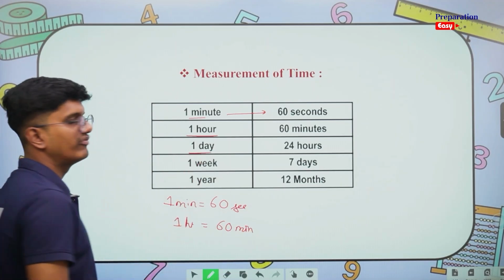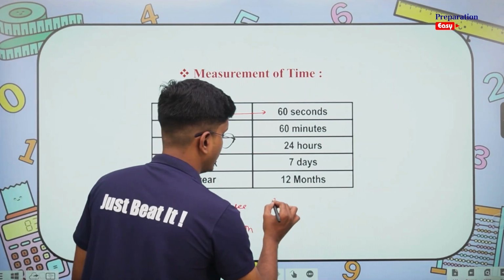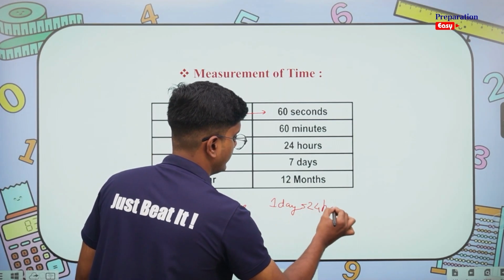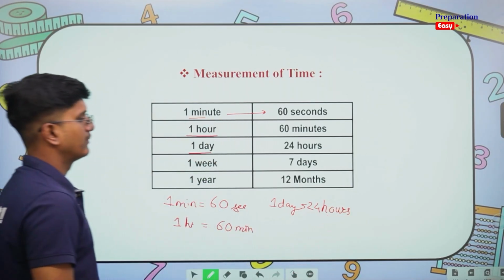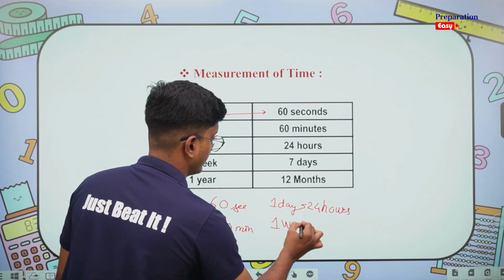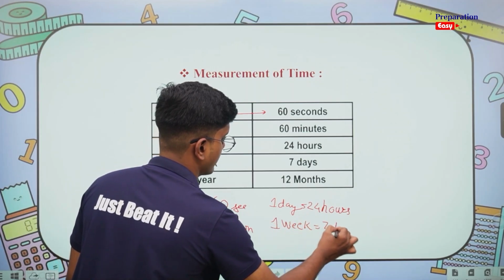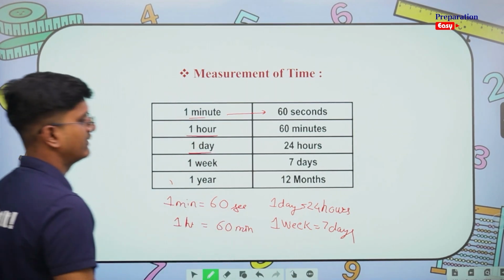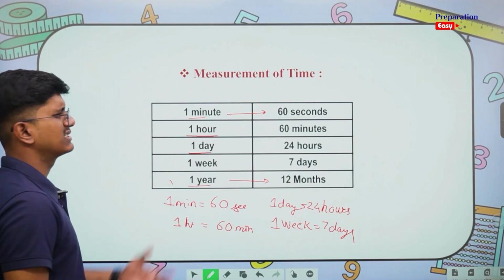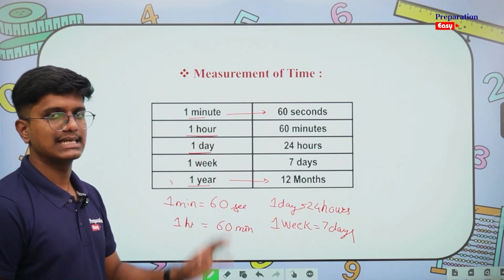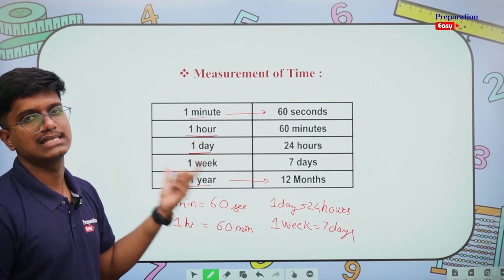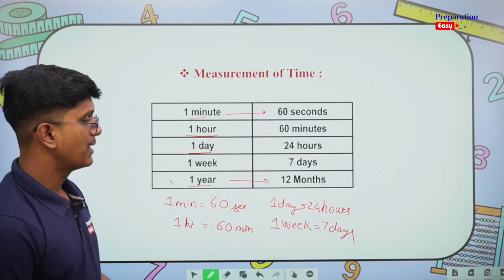Whole 1 day has how many hours? 1 day has 24 hours, right? Now we have 1 week. In 1 week we have 7 days, and in 1 year we have 12 months. So this is the time conversion: 1 minute has 60 seconds, 1 hour has 60 minutes, 1 day has 24 hours, 1 week has 7 days, and 1 year has 12 months.